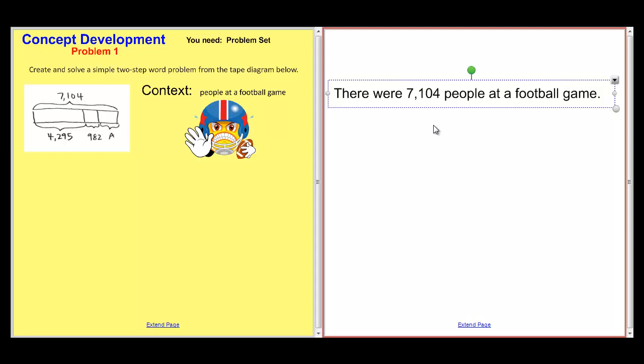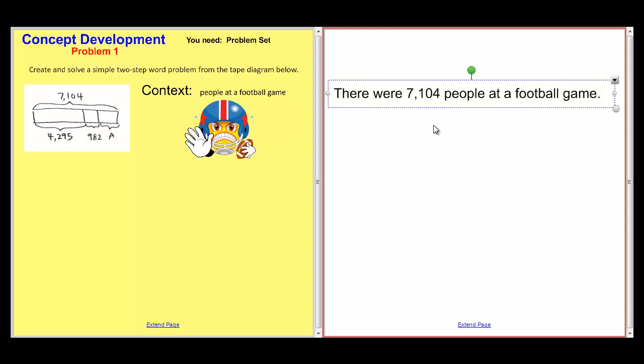Now, part of those people are going to be 4,295, and then there's another part of people, 982, and then there is the part that we're trying to solve for, and that is A. So I'm thinking to myself, people at a football game.